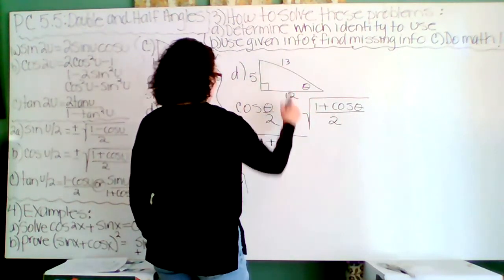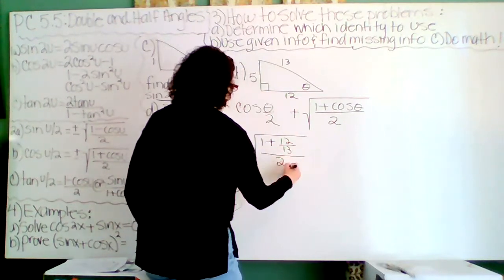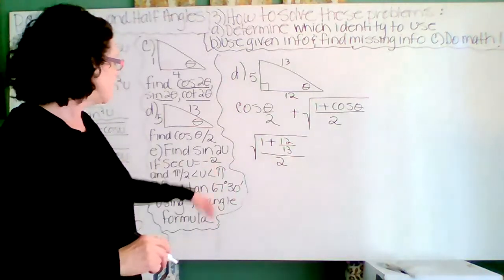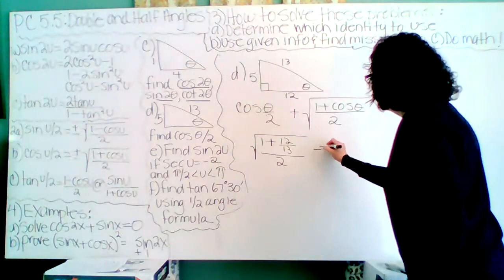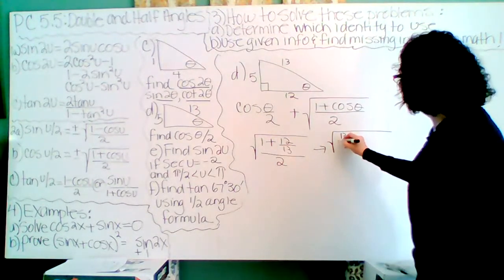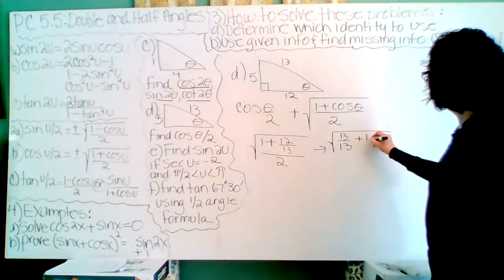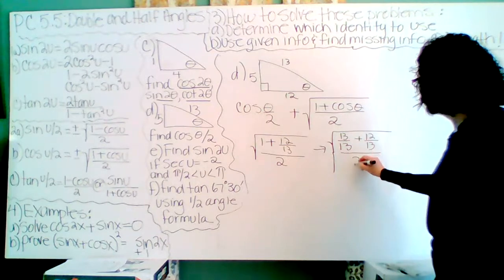That would be adjacent over hypotenuse, which is 12/13, divided by 2. Now, this is a perfectly correct answer, but I think we can make it look a little bit better, right? Let's make this one 13 thirteenths plus 12 thirteenths divided by 2 over 1.